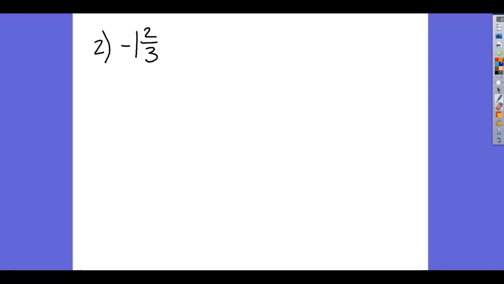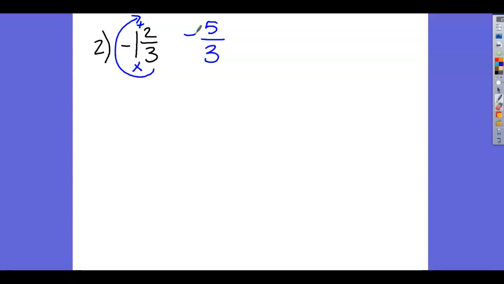So to do that, I take the denominator times the whole number and then add the numerator. So 3 times 1 is 3, and then plus 2 is 5, and then my denominator will stay the same. Okay, you notice that my mixed number was a negative, so my improper fraction will also be a negative.